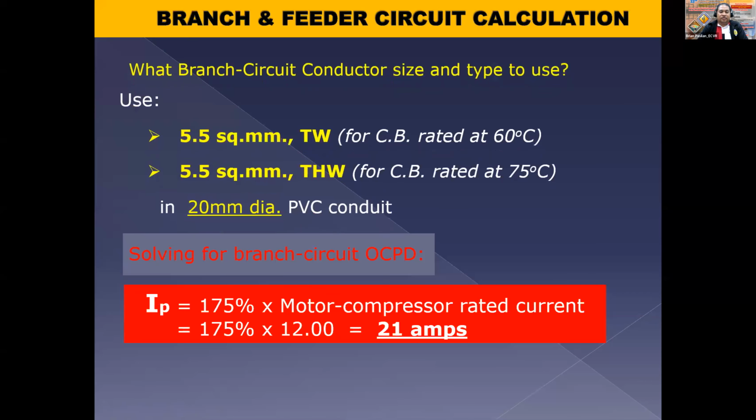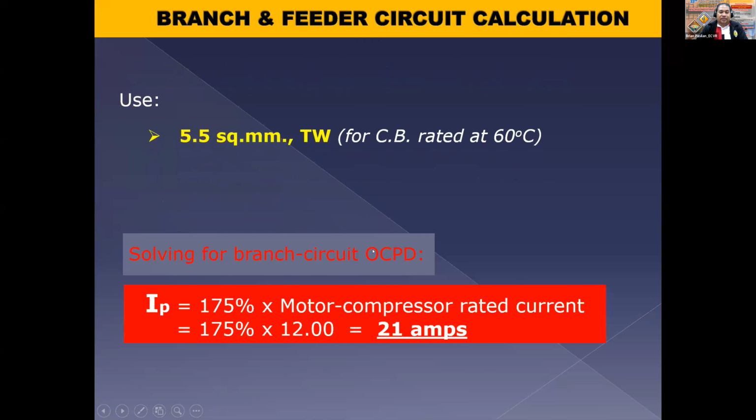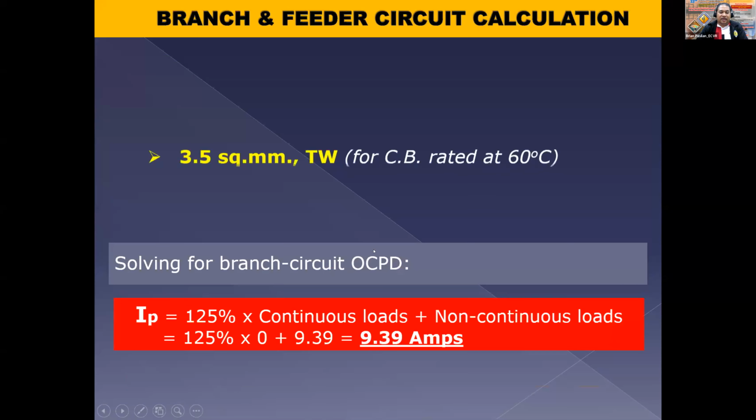So for aircon motor circuits, no? Again, yung kuha natin kanina is 175% minimum multiplying factor. Yung conductor muna pala, sorry ha.